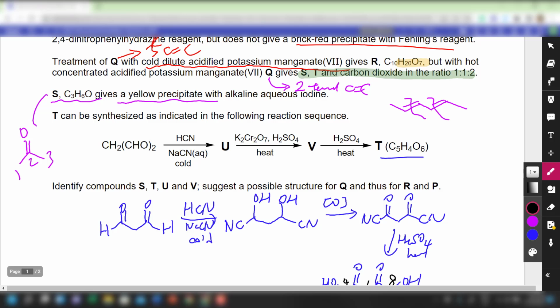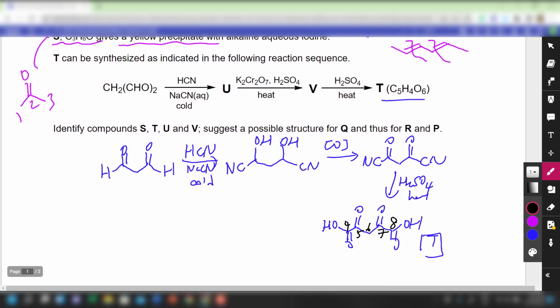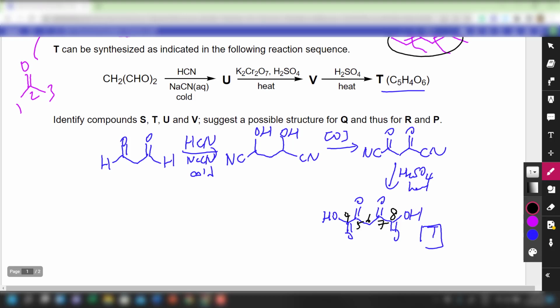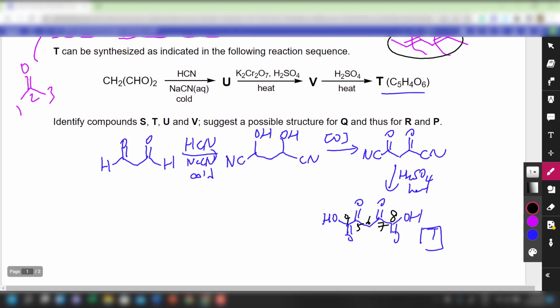So 8 carbons in total. So we have accounted for 8 of the carbon, S and T, and then 2 of the CO2 will be terminal alkene. From the structure of T, you know that this particular structural feature is not likely to be present. I hope you can see it from the structure. If not, you can try to work it out and convince yourself of that.